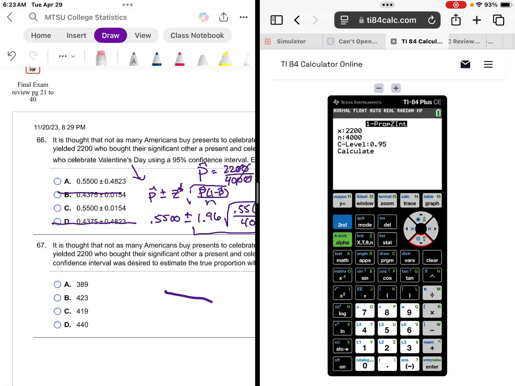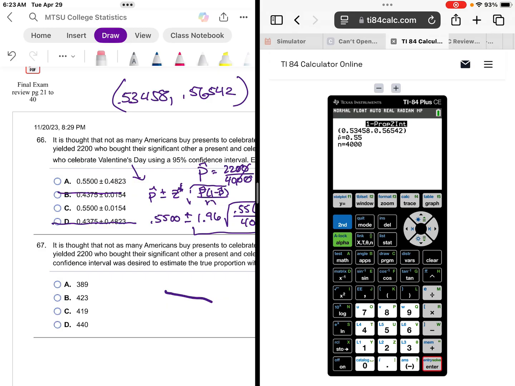It's already defaulted to 95% when you turn it on, usually when it's been refreshed. And there's my confidence interval. So my confidence interval is 0.53458 to 0.56542. There's my confidence interval.